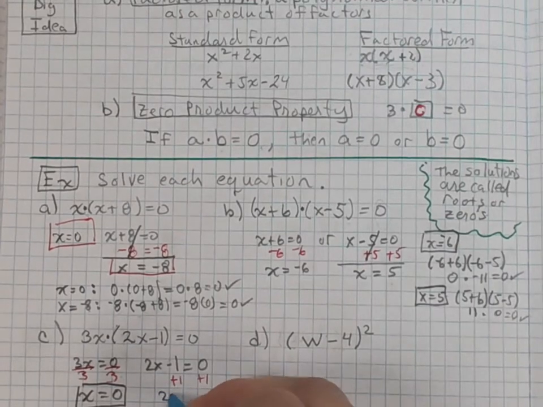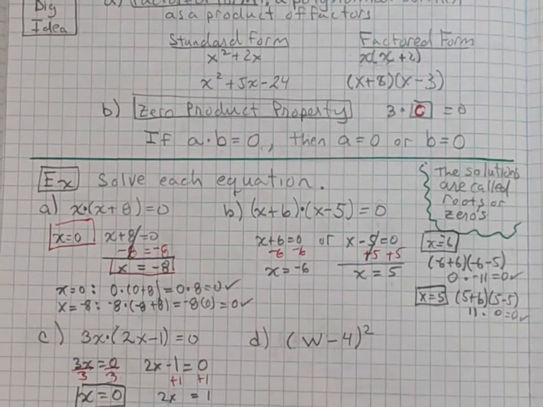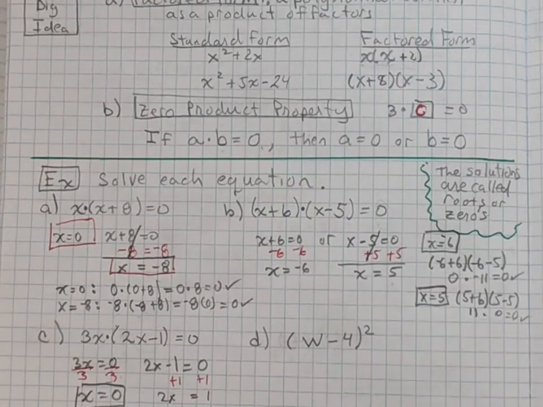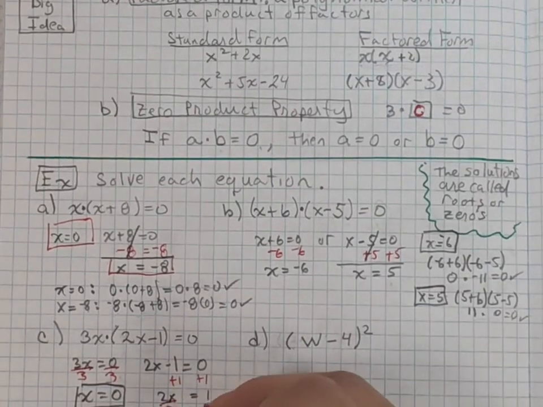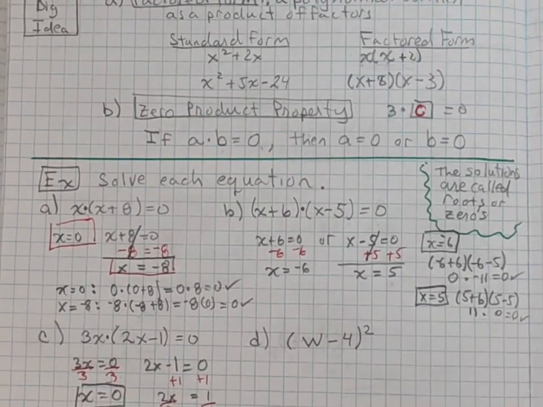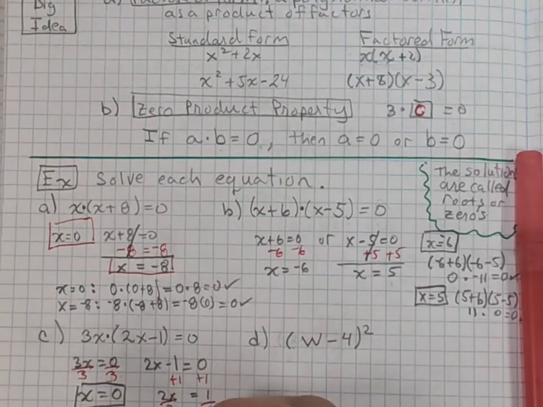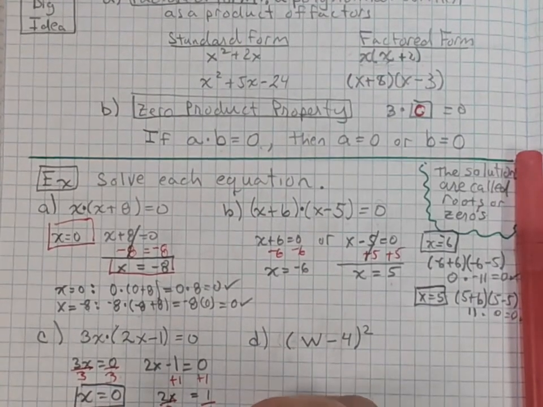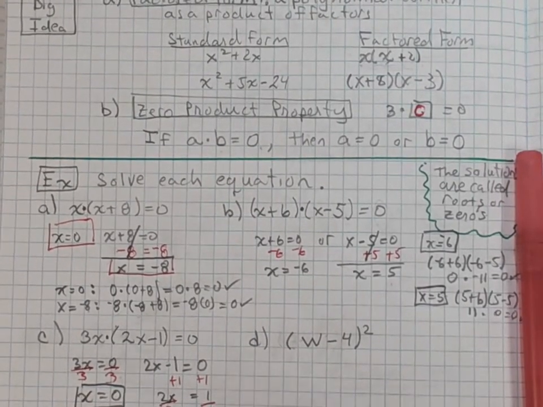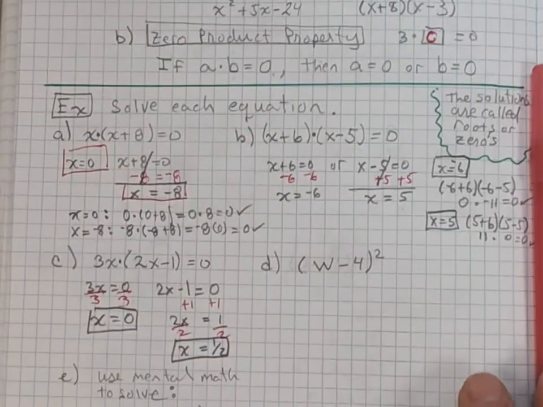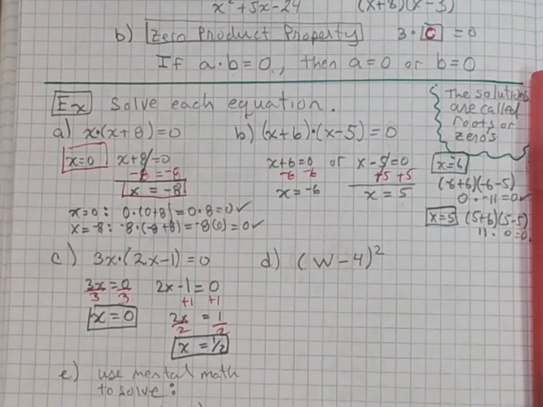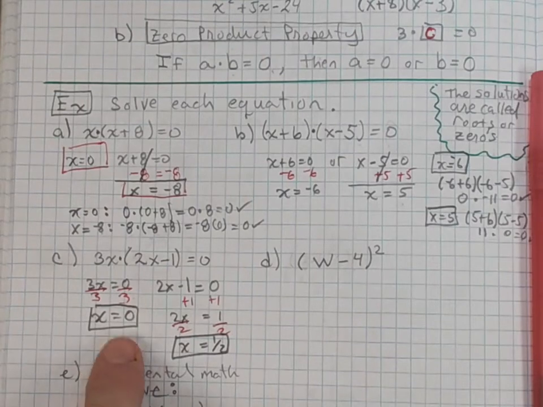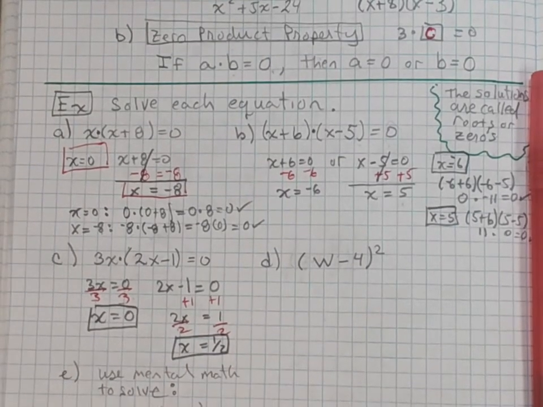And that gives us 2x equals 1. I'm going to divide by 2 on both sides. And that gives me x equals a half. All right, make sure you can see that. My solution is x could be 0 or x could be a half, and I box them both.